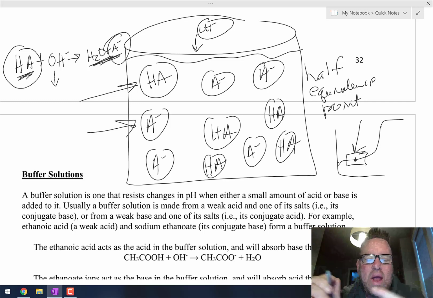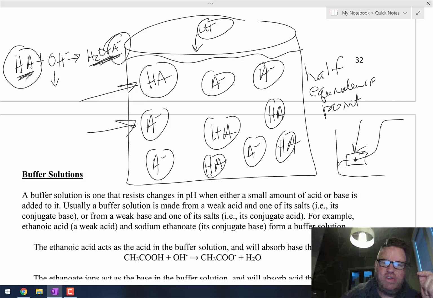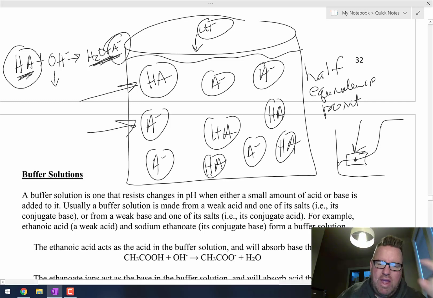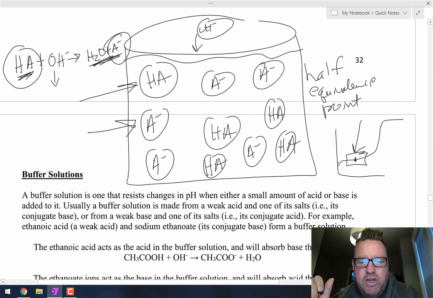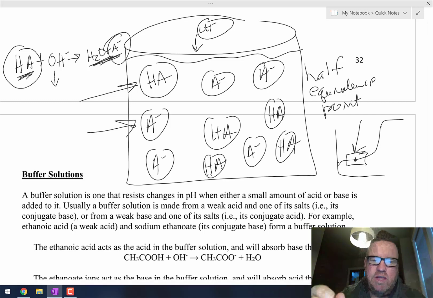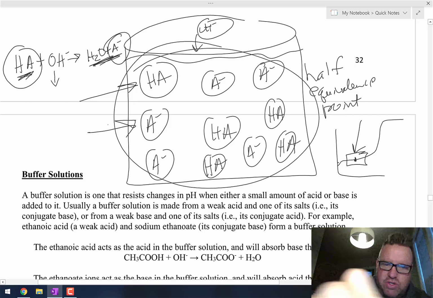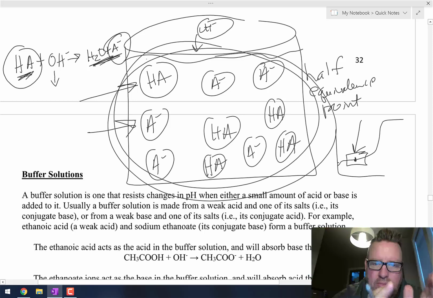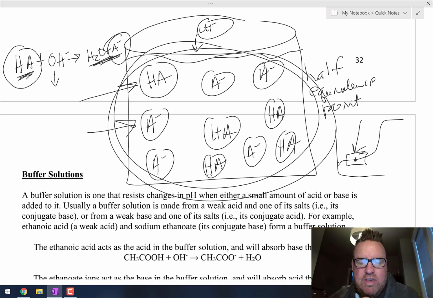Now why not? Why does the pH not change? If I add some more acid to this solution, or some more base, the pH is not going to change very much. The reason is that our buffer solution is made up of half of an acid component and half of a conjugate base component.